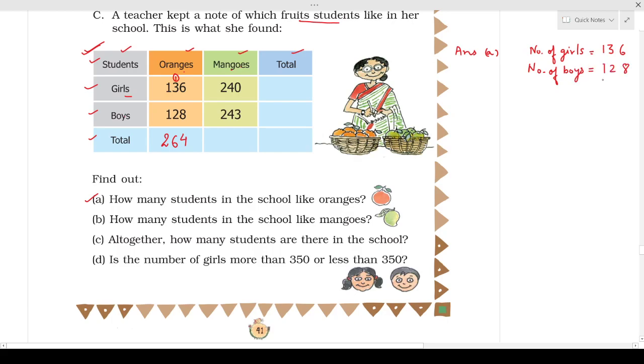Now you have added both the numbers, and here your answer is 264.